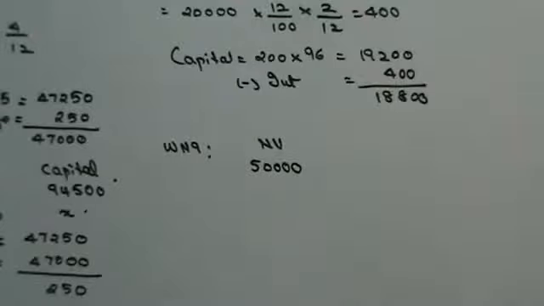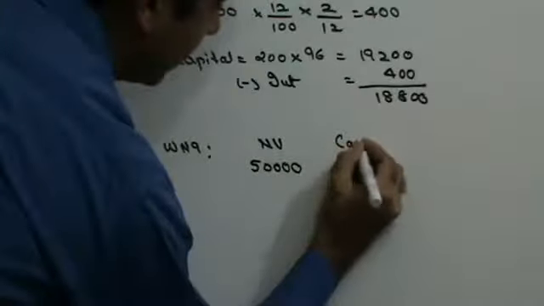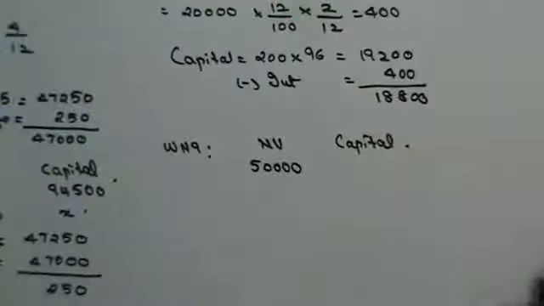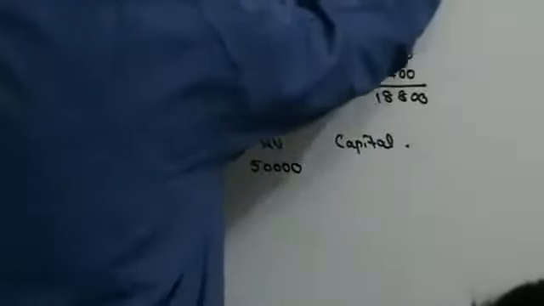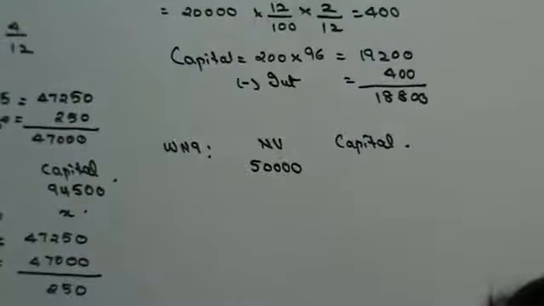That means I have another 50,000. Someone please calculate the capital value for me. Capital value is 500, and out of that you subtract these two transactions. That's your 47,250. After subtracting you get 47,250.